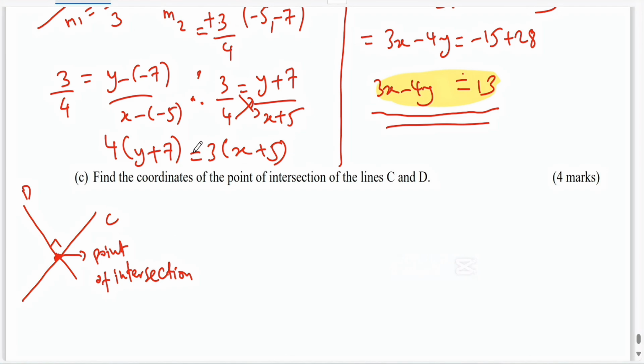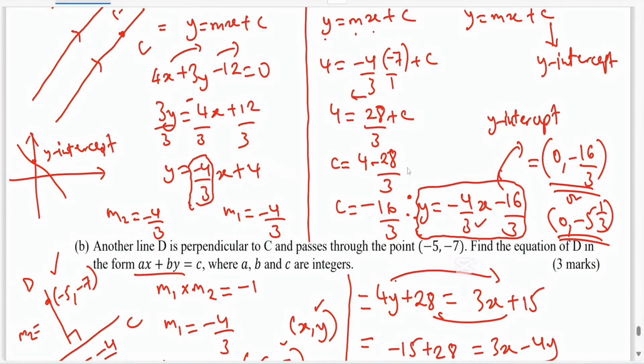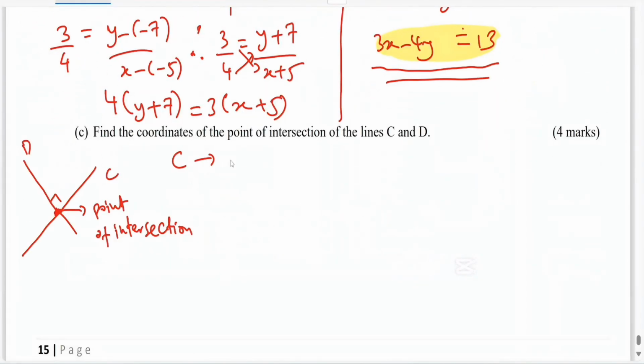First we find the equations of C and D. The equation of C is y equals -4/3x minus 16/3. For D, let's also write it in the form y equals mx plus c.